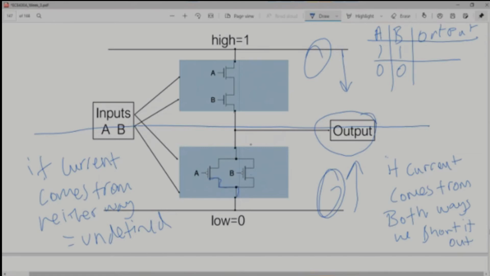Nope, this way does not work. Does this way work when B is 1? Nope, that does not work. So we do not get any output from this side. Let's try this one. When A is 1, does it work? Yeah, we can follow it down. When B is 1, does it work? Yeah, and we can follow it down, and we have an output of high, which is 1. And then we can have 1 and 0 and 0 and 1. Sorry, I didn't write down all the possibilities.